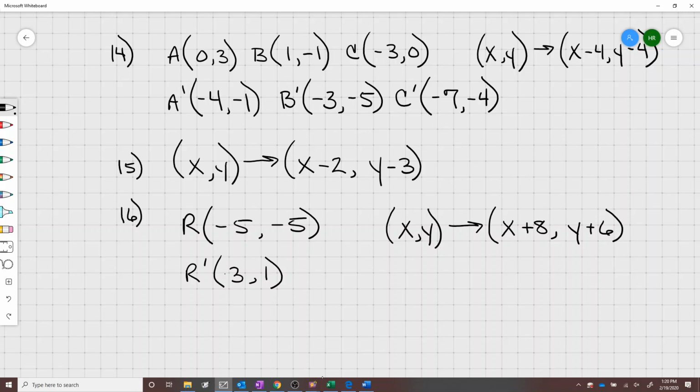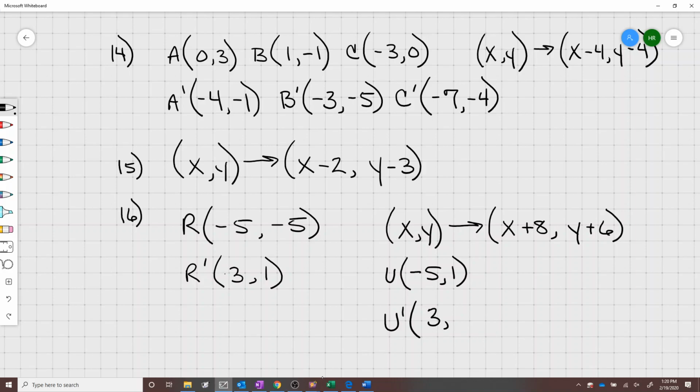Second part of the question, find the translation rule and coordinates of U prime. So U is at -5, 1. So U prime, you're at -5 and you need to go right 8. So that puts you back at 3.